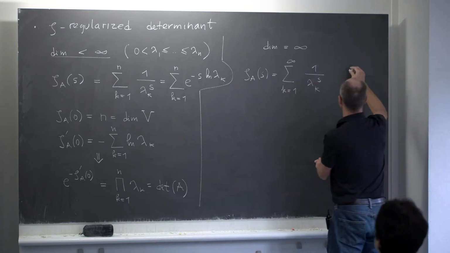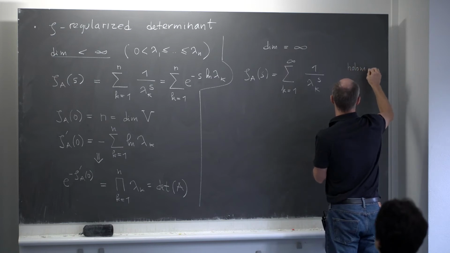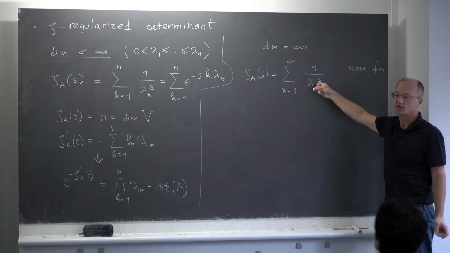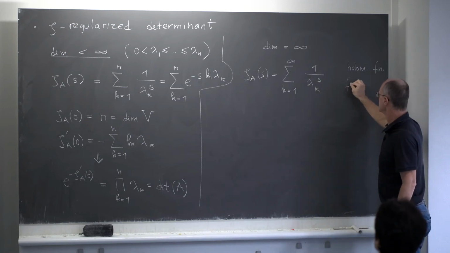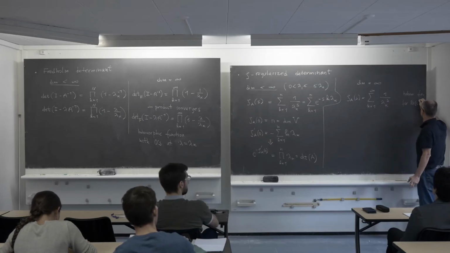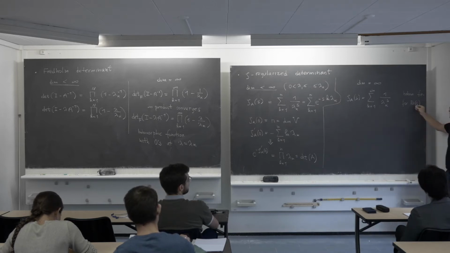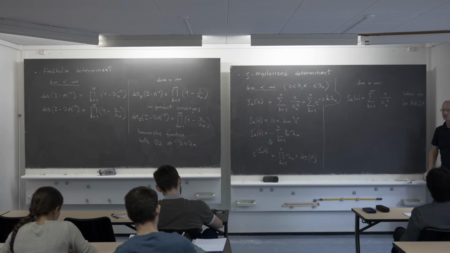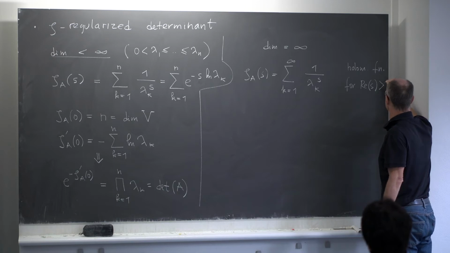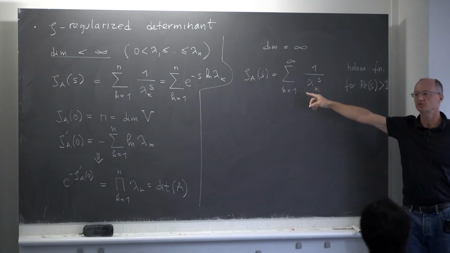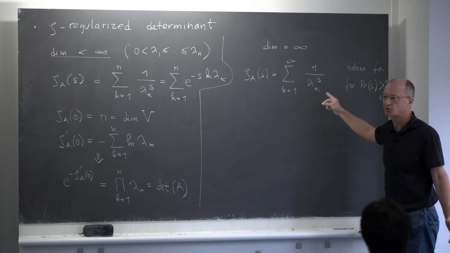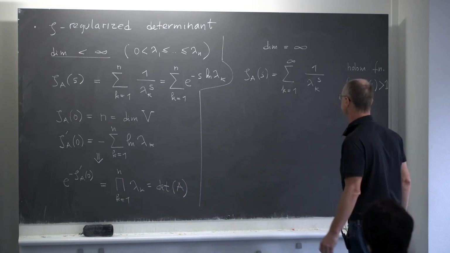And this infinite series defines a holomorphic function, but now possibly not everywhere, right? So for sure, if the real part of s is greater than something, for instance, if it is greater than 1, then we are good, right? Because at 1 already we had absolute convergence, and probably even to the left of that line.